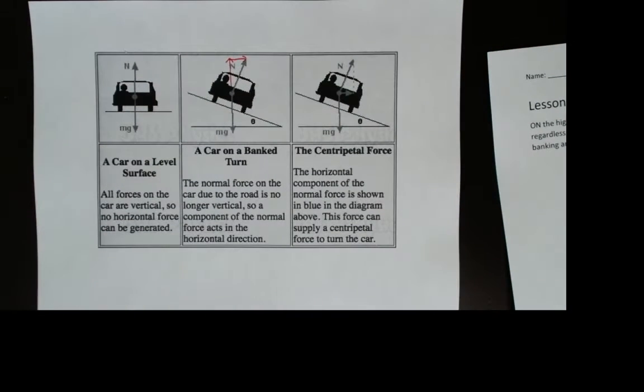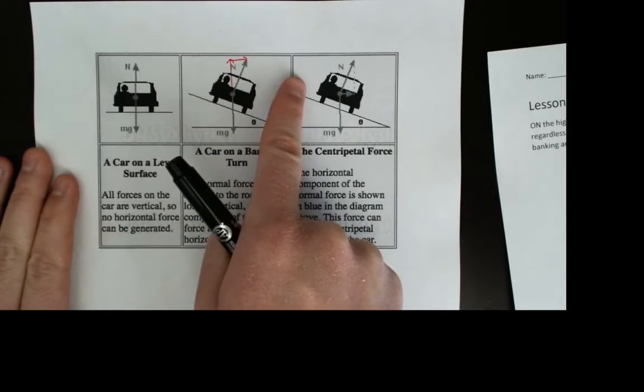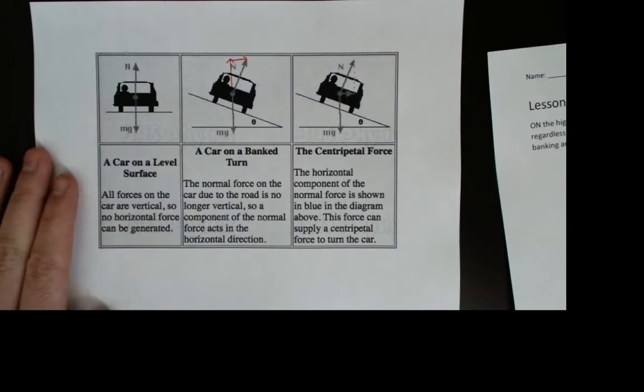Now that there is a horizontal component, and it points towards the center of the circle along the radius, this component can be the centripetal force on the car. As long as it's moving at just the right speed, it will have a centripetal force available that could allow it to turn safely.